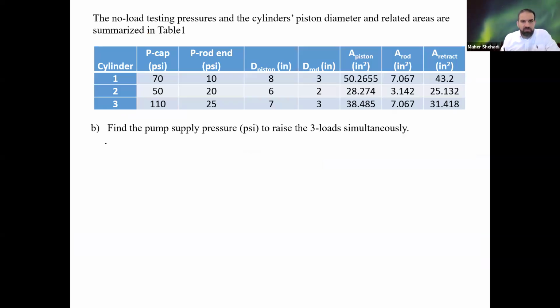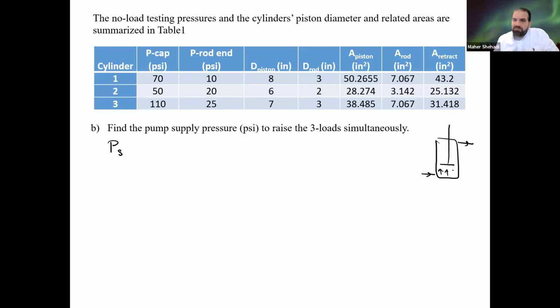So let's put the equation first. In general, similar to what we had there, and don't forget the load. So we have now P supply for each cylinder. It's all the same, this equation. You have like this, and you have the supply coming here, and that's the back going back to the tank.